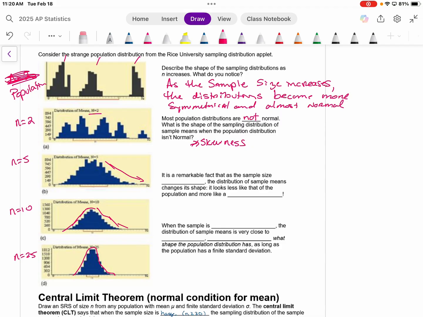It is remarkable that as the sample size increases, the distribution of sample means changes its shape. It looks less like the population and more like a normal curve.